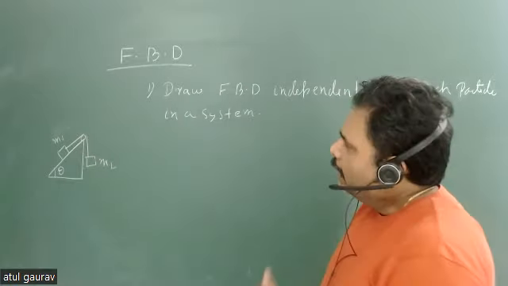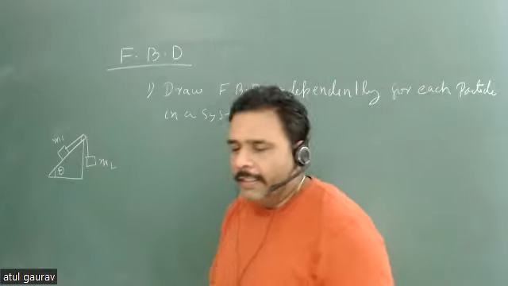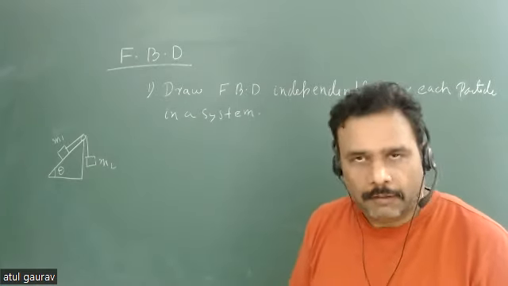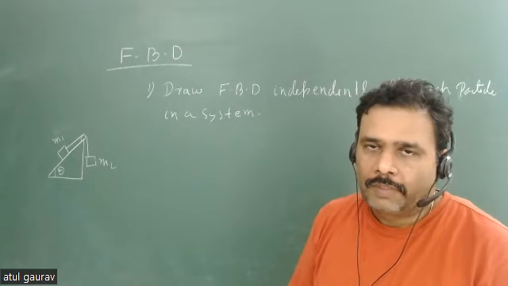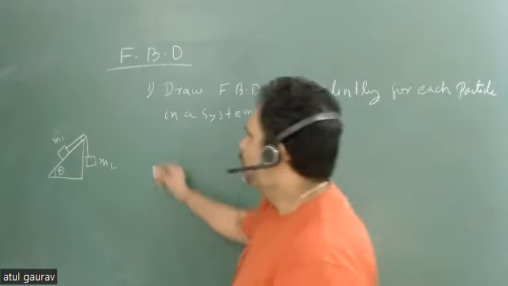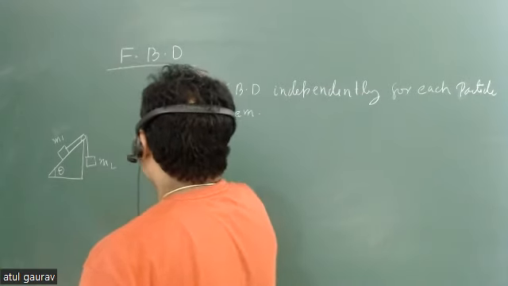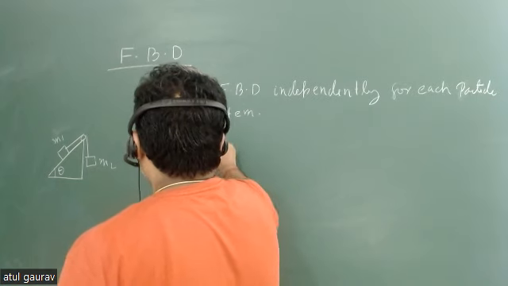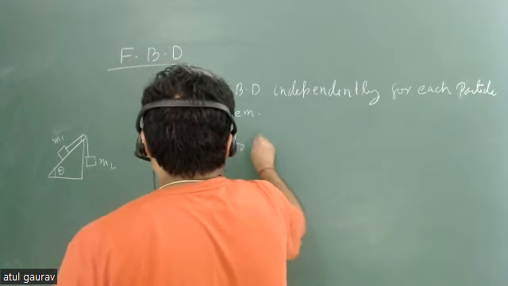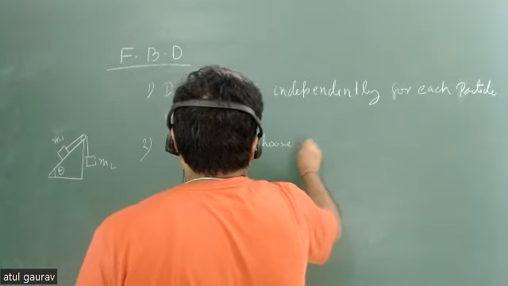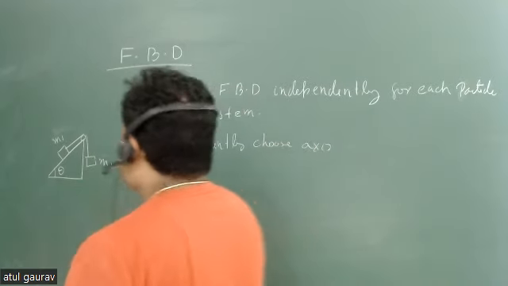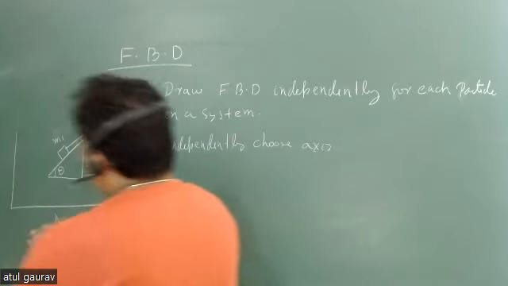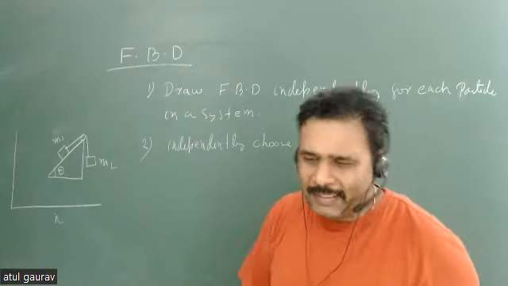When you are talking independently, you can independently choose their axes also. It is not necessary that you choose this as your x-axis and this as your y-axis, because if you choose this type of axis, it will be very complicated.